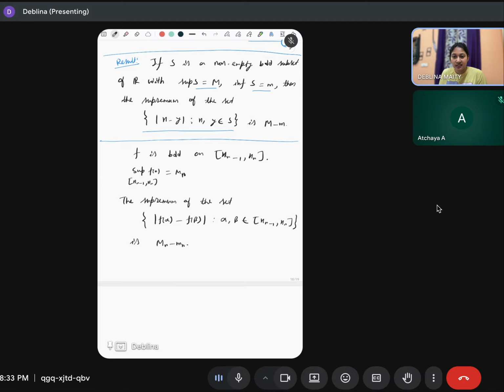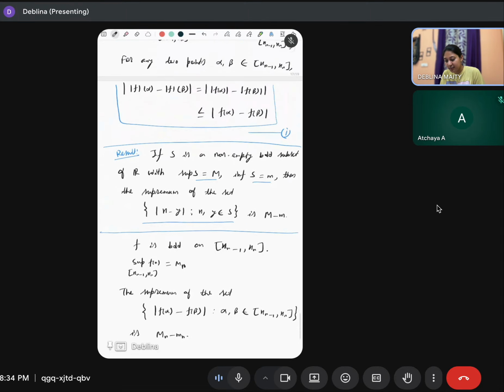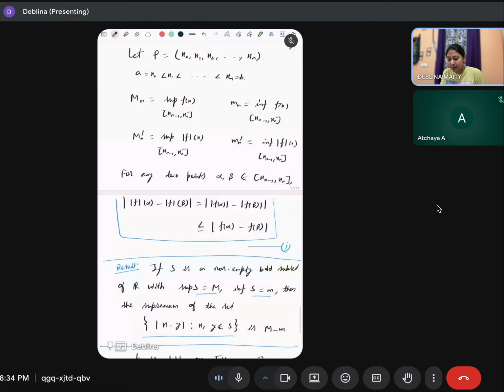Using this result. And similarly, mod f is also bounded on x_{r-1} to x_r, and the supremum and infimum are capital M_r dash and small m_r dash.